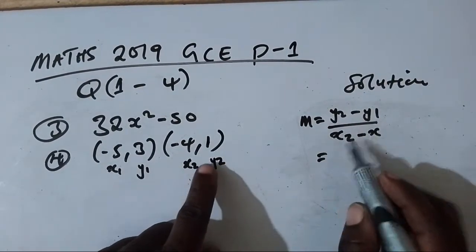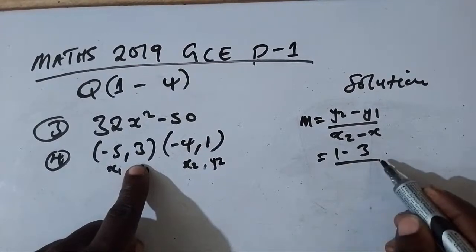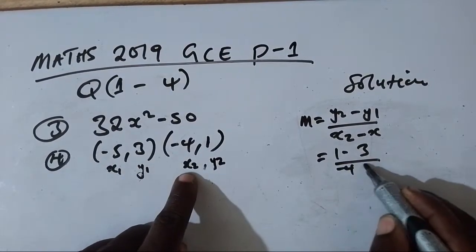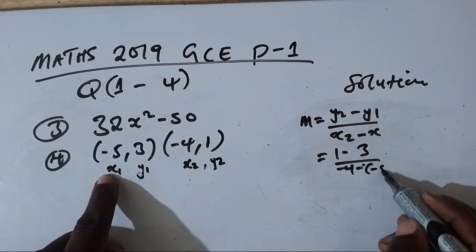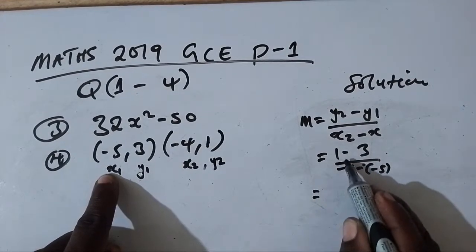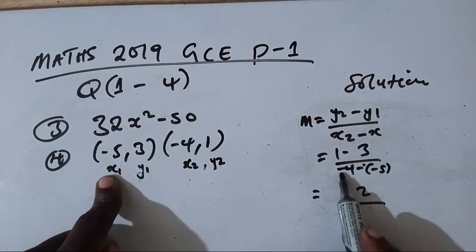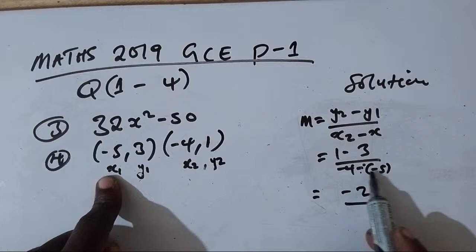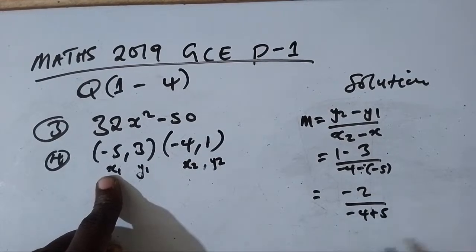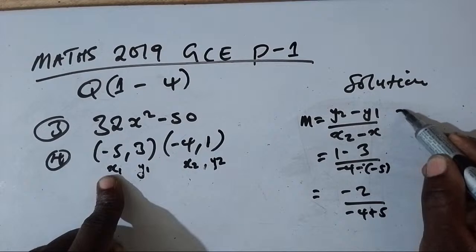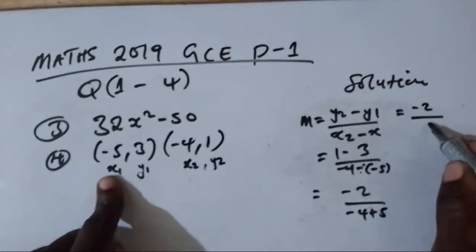So y2 we have 1 minus y1 we have 3, then over x2 we have minus 4 minus open bracket x1 we have minus 5, in which it will be 1 minus 3 we have minus 2 over minus 4 minus open bracket, then here it will be minus times minus, which is positive, so it will be minus 4 plus 5, in which it will be minus 2 over minus 4 plus 5 which is 1.